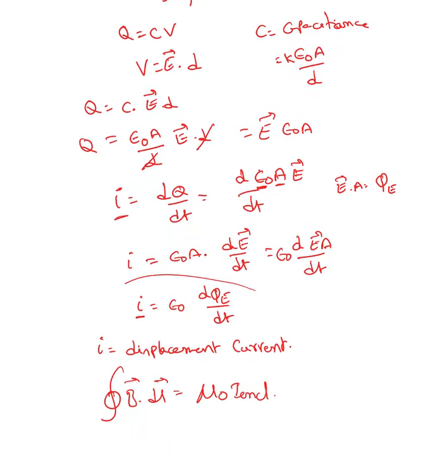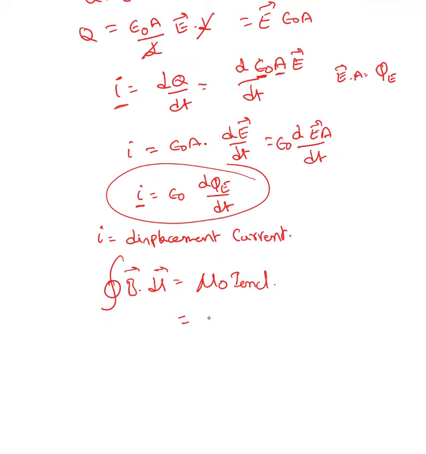So the I enclosed, I can take as mu naught times I plus the current in between the plates, which I can take as epsilon naught d phi E by dt.